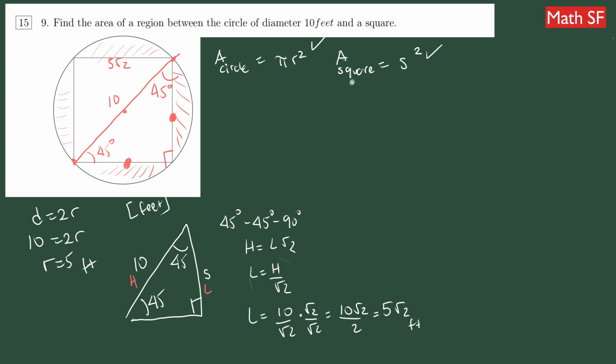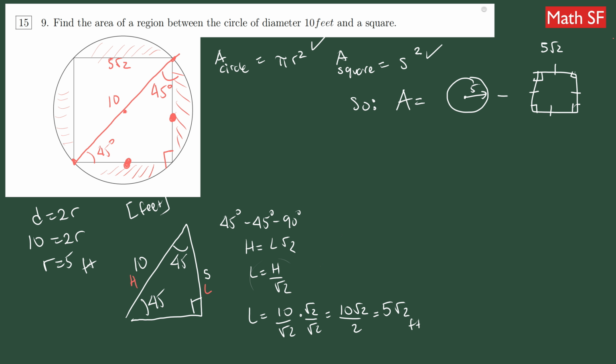Now we have enough to find the area of this shaded part. The area that I'm looking for is the area of the circle with radius 5 minus the square with side 5 root 2.